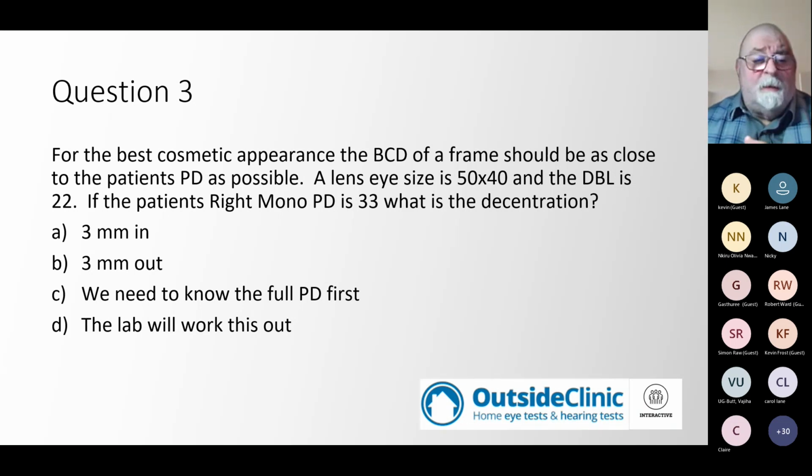But if you've got a patient like mine, my PD is 59 and my head width is 150 mil. So my PD is relatively small for the size of my head, so I'm going to end up with decentration. But if we keep the decentration to less than 5 mil, we're going to have a good fitting frame, and the lenses behaving as they should do.